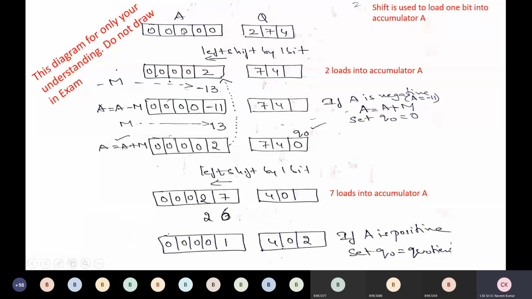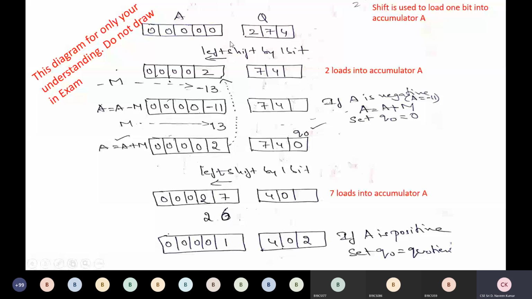What I need to do is, first I said A consists of 2. How does the accumulator get the 2 value here? We take all these 5 plus 3, all 8 bits, as a shift register, and we do a left shift by 1 bit. The entire register, A and Q combined, we treat as a set of bits and left shift by 1 bit.